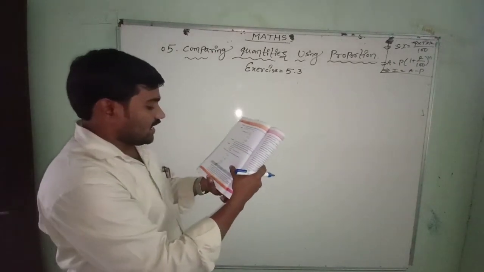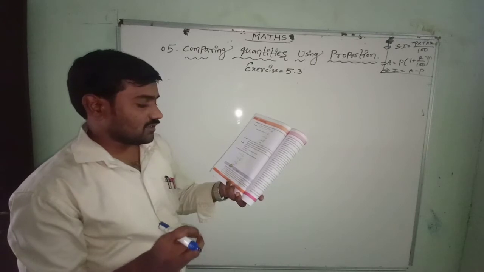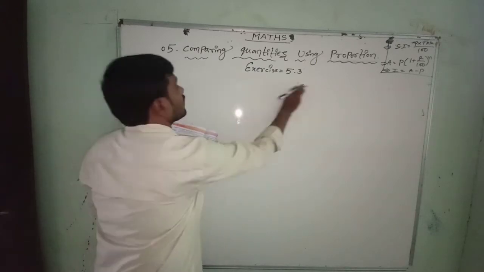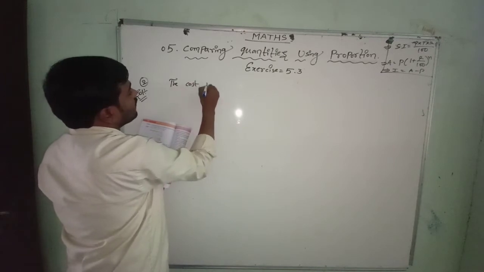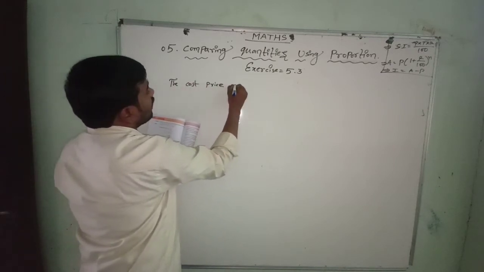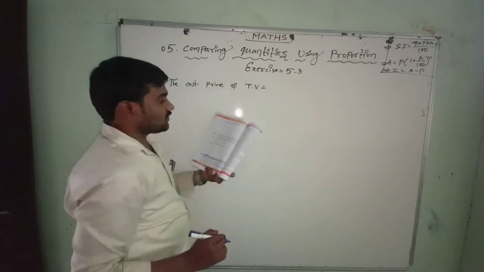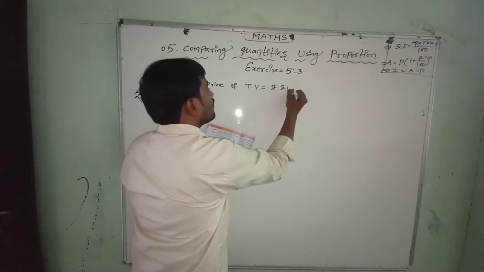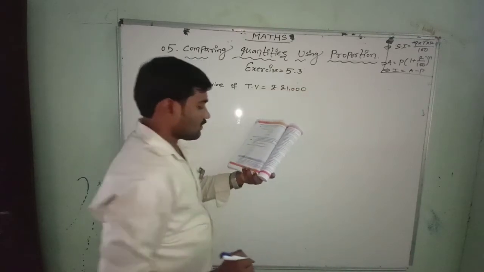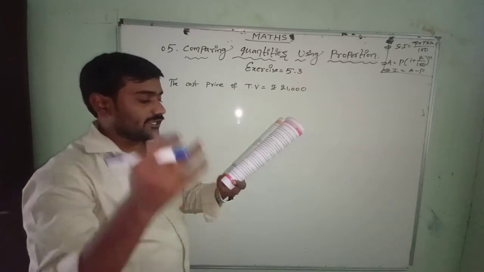The second question is, a TV was bought at the price of 21,000. Okay, the cost price of the TV is rupees 21,000. After 1 year, the value of the TV was depreciated.